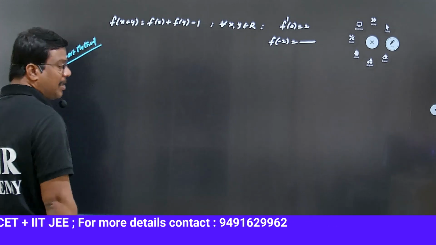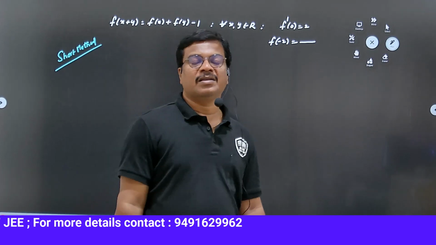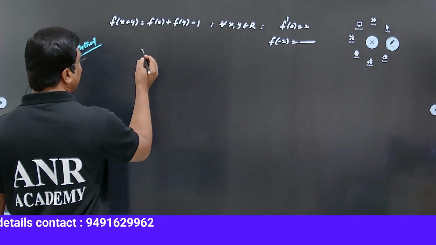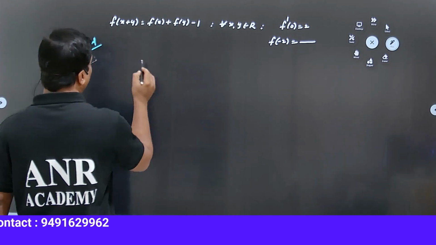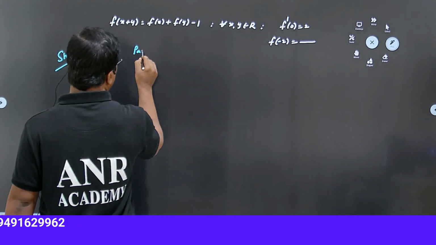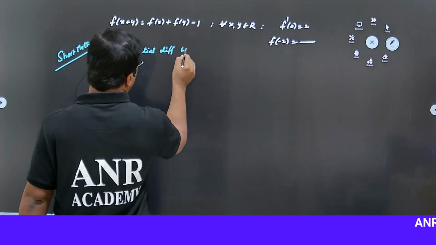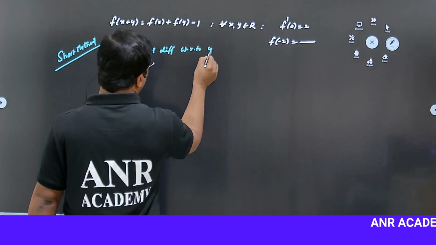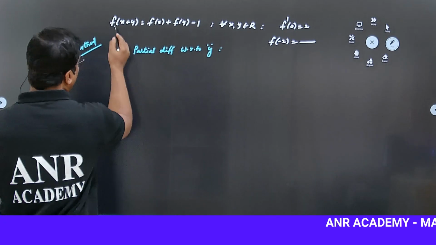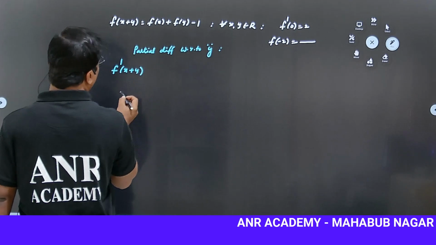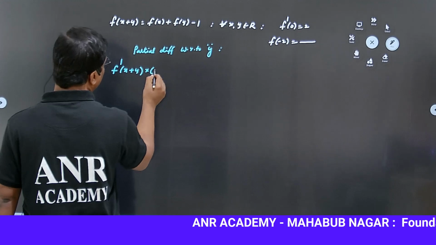There are two variables x and y. I am going to differentiate partially with respect to y. What happens? Observe. It becomes f dash of x plus y. Internal part x plus y, derivative just 1.